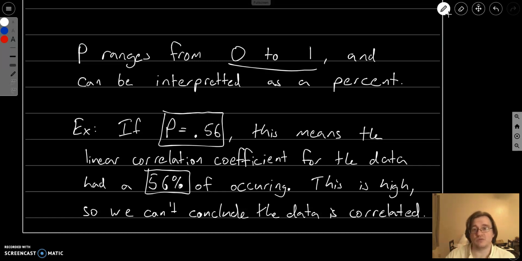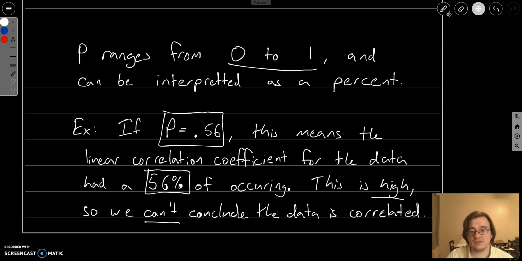That could have happened randomly. The R value had about a 50-50 chance of actually occurring. So because this is high, we can't say that the data is linearly correlated. It seems pretty likely that it might not have been.